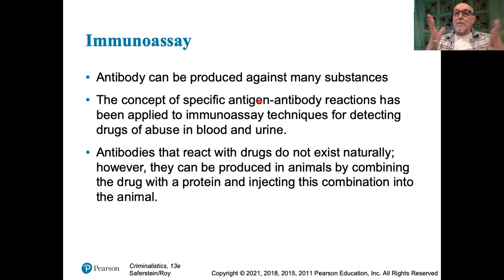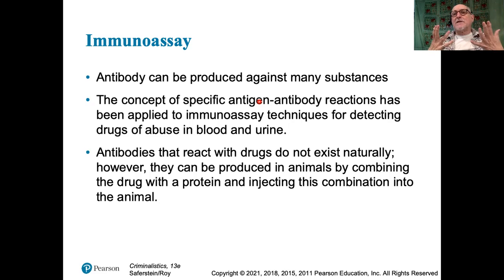Let's say we want to test for cocaine. Well, we can get rabbits to actually produce antibody to cocaine. And just as we use the serum to test for the blood groups, we can use antibody then to test for the presence of cocaine, maybe in blood serum or in a body fluid or something like that. This works on the principle that we described before when we saw the red blood corpuscles getting stuck together by the antibody.